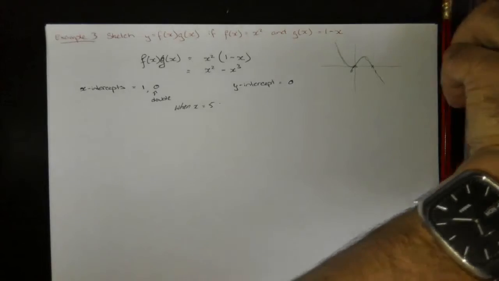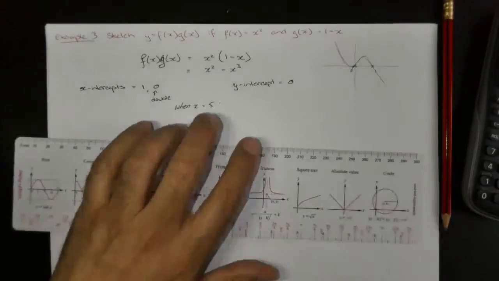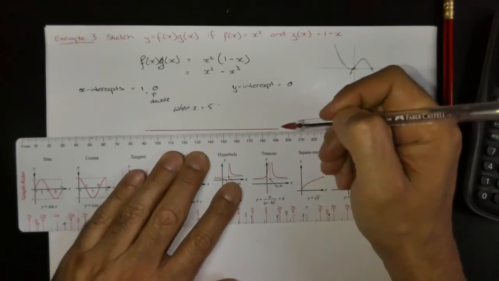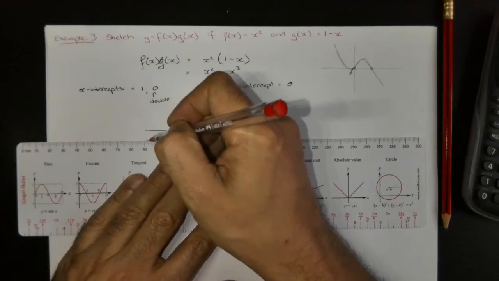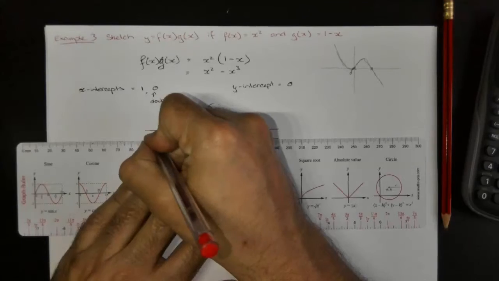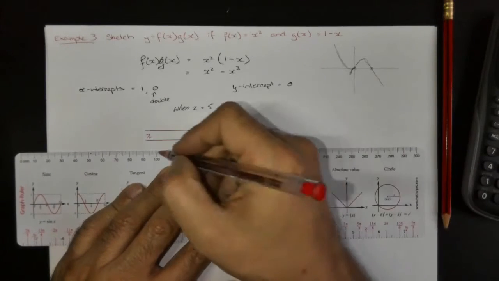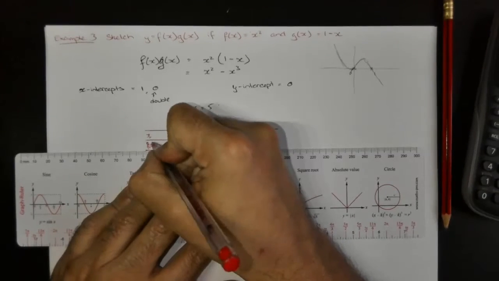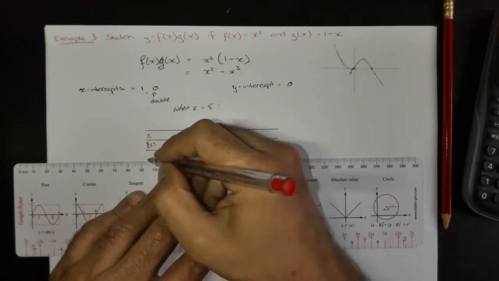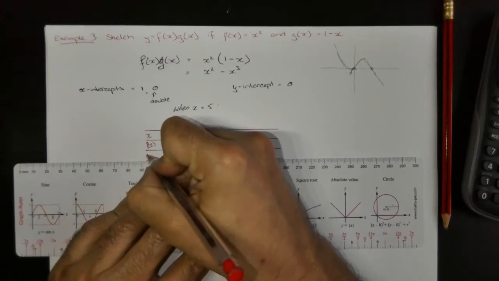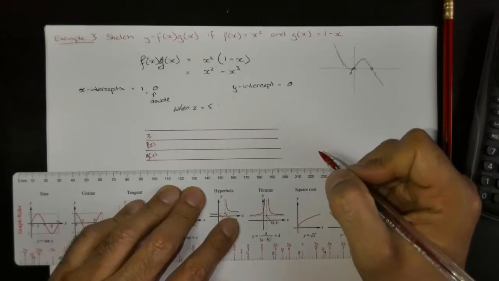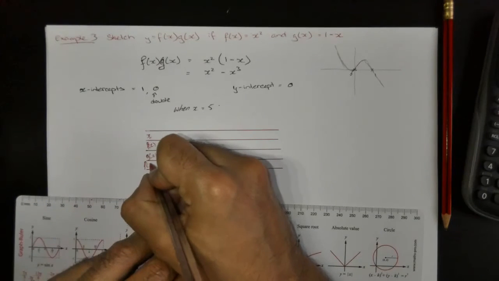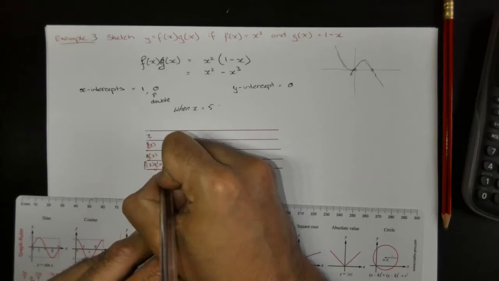And if we want, we can use our table of values again. So that's x, f of x, our g of x, and our f of x times g of x.